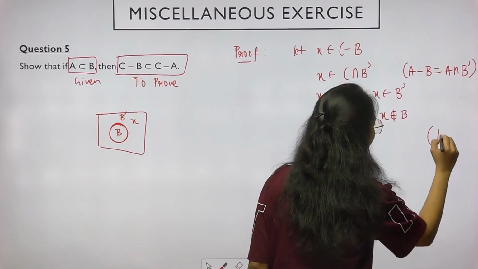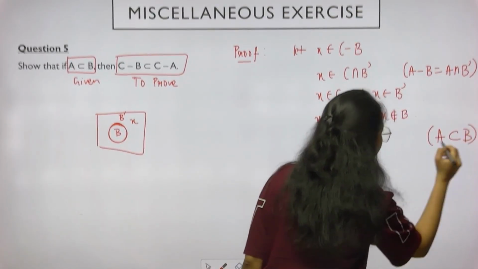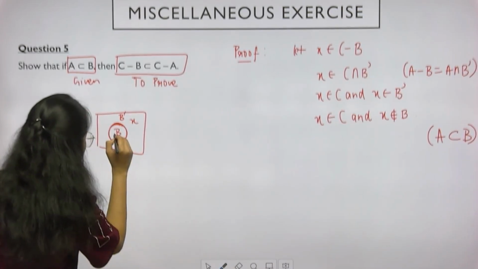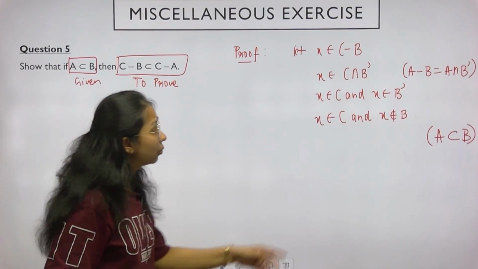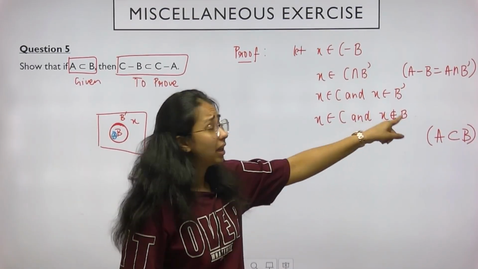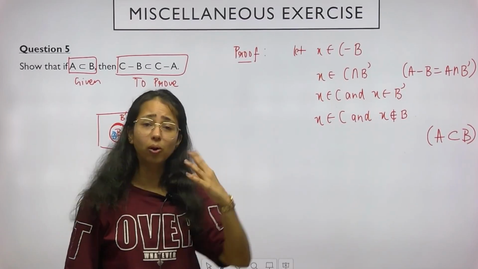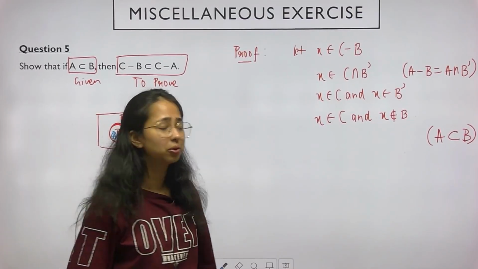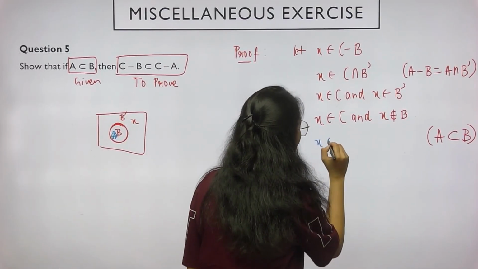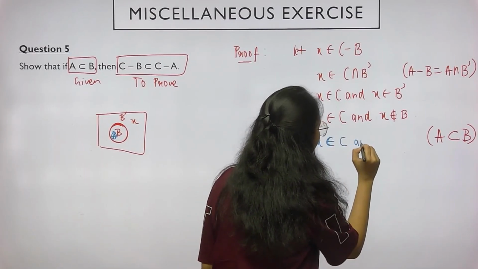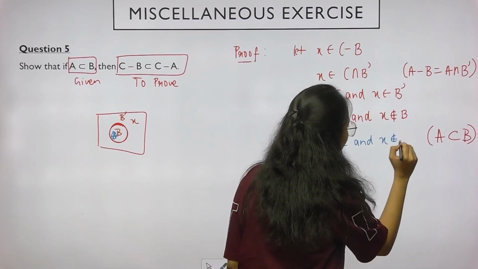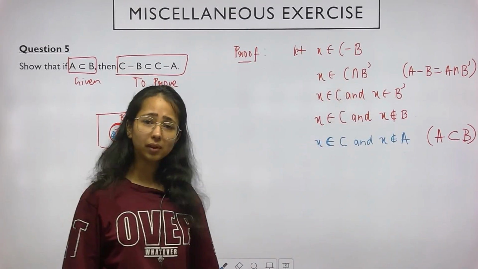Now we are given that A is a subset of B, which means that A is a part of B. So if X does not belong to B, then X will also not belong to set A. So here we have that X belongs to C and X does not belong to A. Correct?